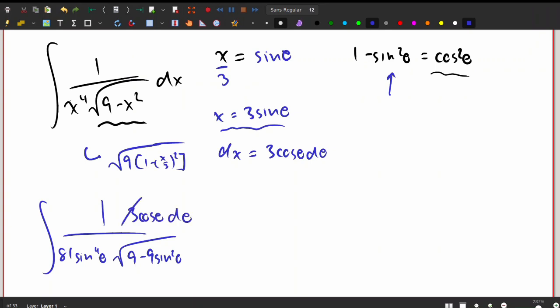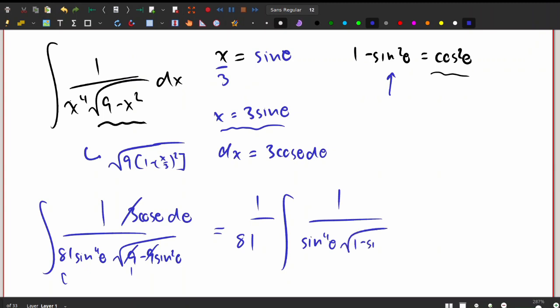This 3 is going to cancel out with this square root of 9 that we're going to factor out. So this is going to become 1 minus sine squared theta, and this cos theta is then going to cancel out. So I'm going to take out this 81, so it's going to be 1 over 81 integral of 1 divided by sine to the 4th theta square root of 1 minus sine squared theta cos theta d theta.